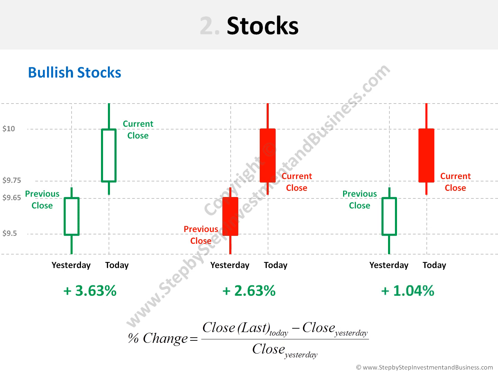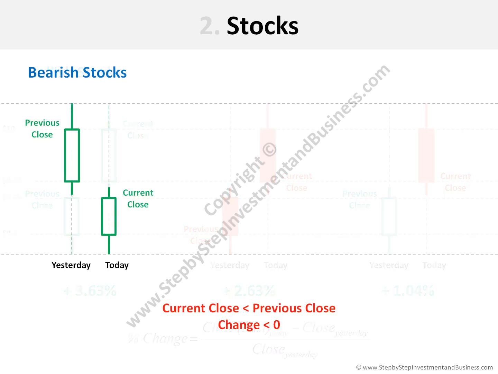And for the last case we had analyzed, the current close is 9.75 and the previous close is 9.65. If we do the math, we get a positive percentage change of 1.04%. All these cases are examples of bullish stocks because the close of today is higher than the close of yesterday.